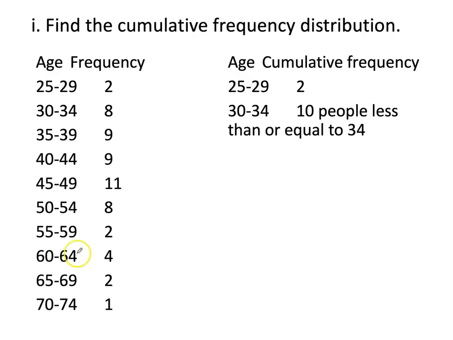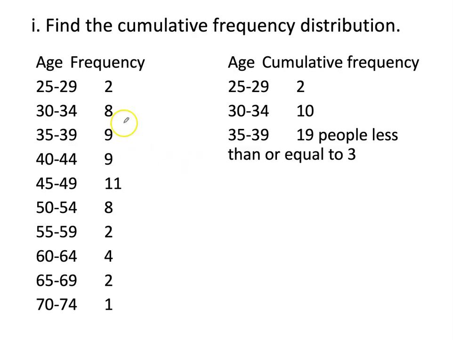Find the cumulative frequency distribution. Here's what we mean by that. So 25 to 29, there are 2 people in that category. If we're talking about cumulative frequency, notice for 30 to 34, there are 10 people who are less than or equal to 34. So the cumulative frequency would be 10.